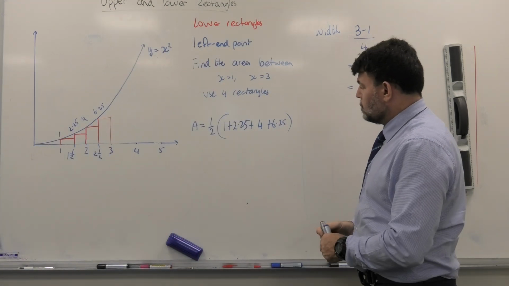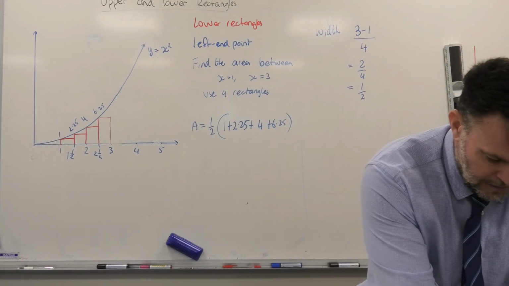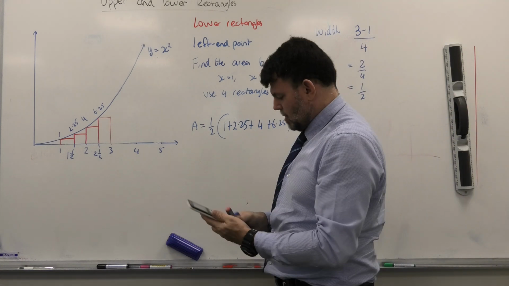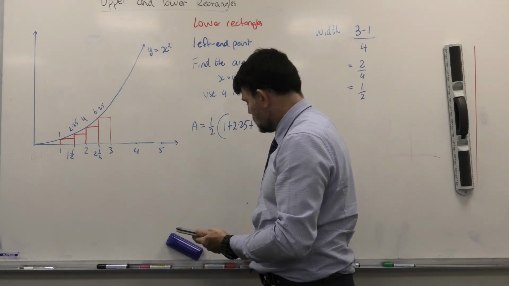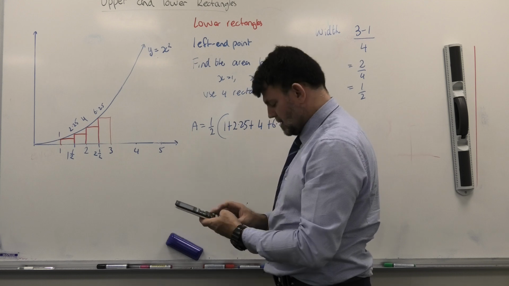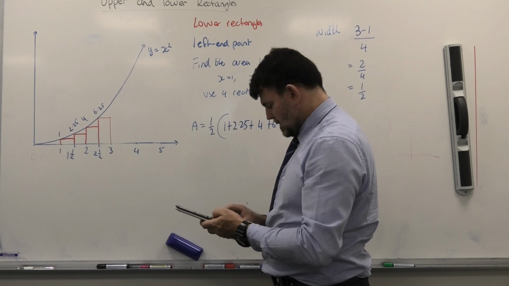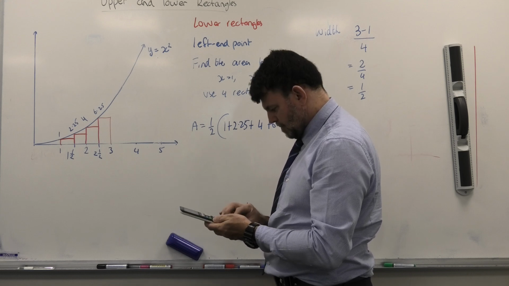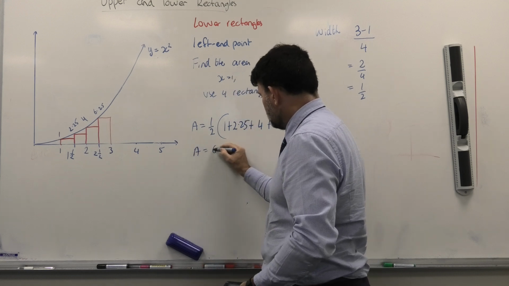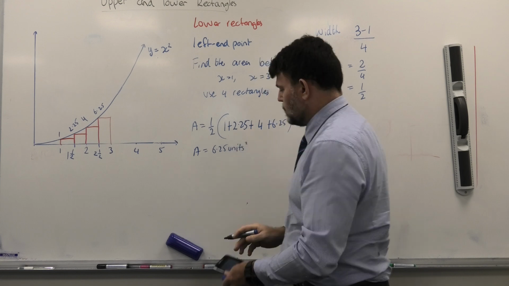If we plug that into your calculator, I'll get my calculator out and do it for us right now. So what have we got? We've got 0.5 brackets, 1 plus the heights we found, and we get the area in units squared.